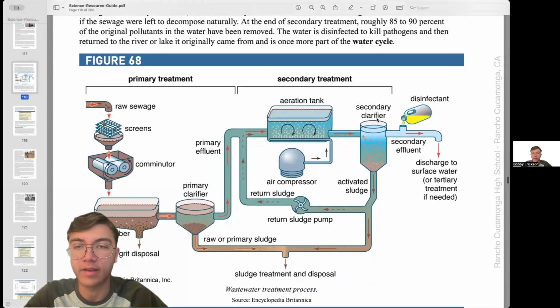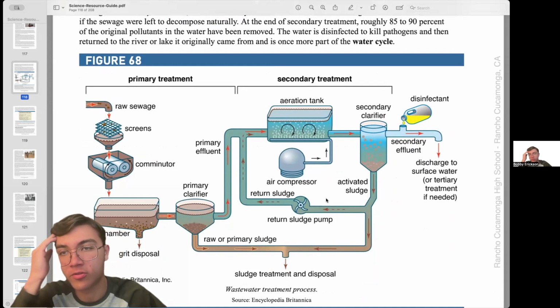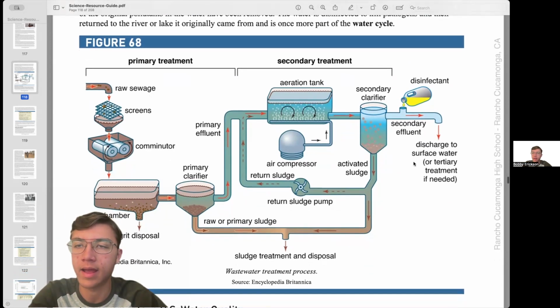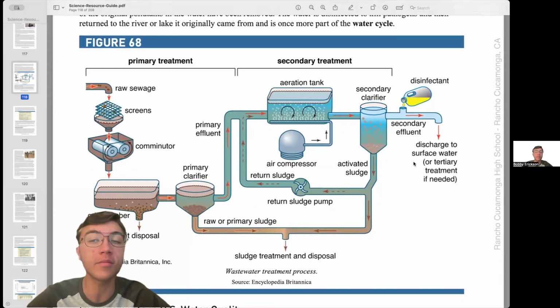Then it goes through a secondary clarifier, which gets rid of more sludge, and it returns the sludge back to the aeration tank until it is heavy enough to go back through sludge treatment and disposal. And eventually, secondary effluent goes out through a disinfectant and is discharged to surface water, and sometimes it can have tertiary treatment.